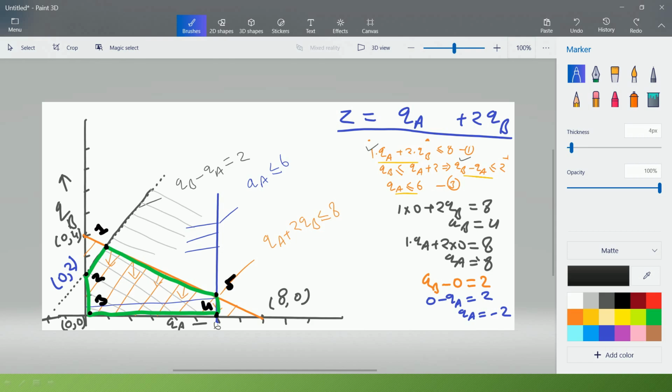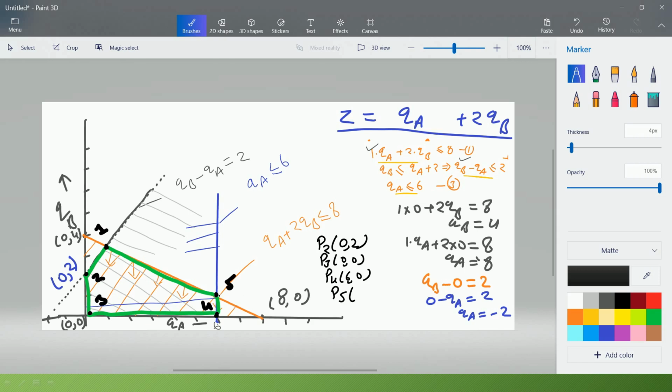Okay. Out of these 5 points, we already know 3 points, which are P2, which is 0 comma 2. We already know P3, which is 0 comma 0. We already know P4, which is 6 comma 0. Now P5. On this point, QA is equal to 6 and this line is this line.